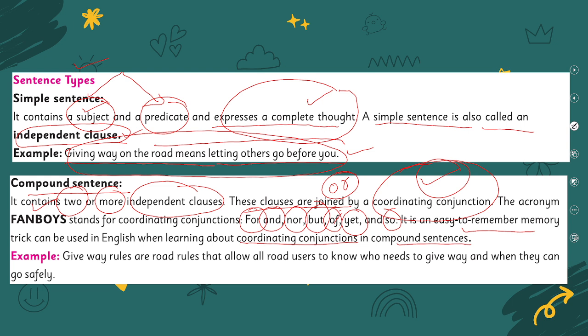For example, give way rules are road rules that allow all road users to know who needs to give way and when they can go safely. Now, can you point out the coordinating conjunction? Here it is. This is and. It is simply connecting this independent sentence with this one.